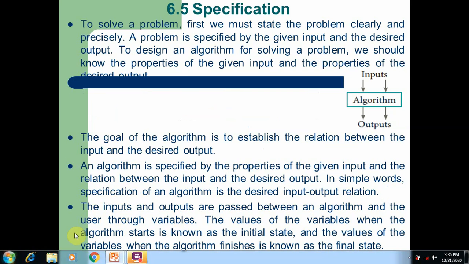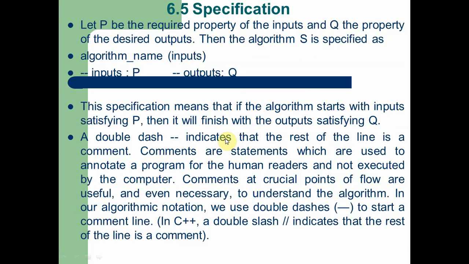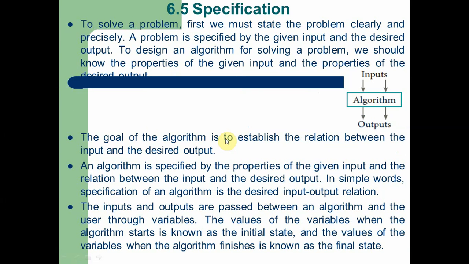Here you can see the first technique, specification, which we already know. Specification means we want to decide what type of input we need, how much input we need, what the output will be, and what the relationship is between the input and the output.